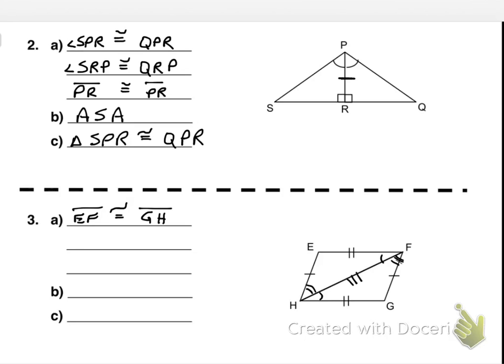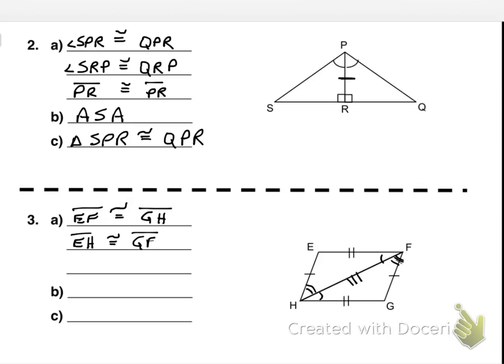Then I know that EF is congruent to GH. Already did that. So EH is congruent to GF.